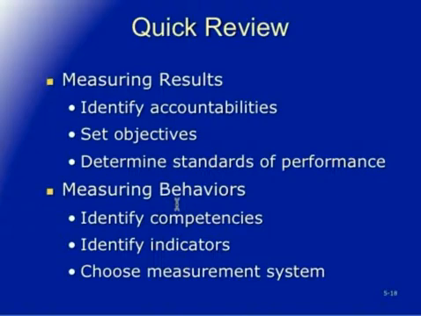Maybe the organization has some boundaries put in place that keep employees from achieving the objective, from obtaining the desired results, even if they're exhibiting the proper behaviors. Okay, so there may be things that are out of the employee's control that result in the behaviors being correct, but the results not being achieved. Okay, so measuring behaviors and measuring results are completely different.